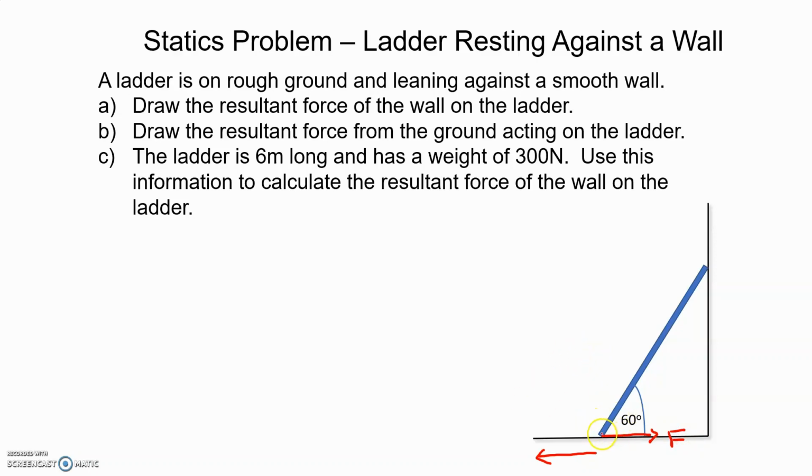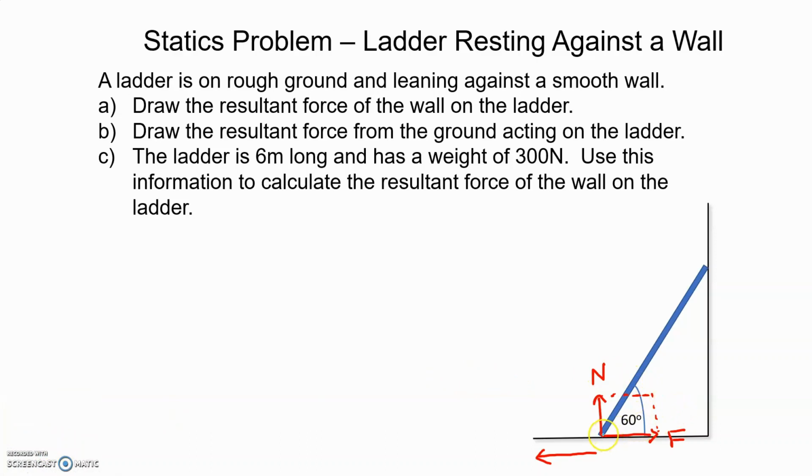Again, we've got our normal contact force between the ground and the ladder, and we'll call that N. So draw the resultant force from the ground acting on the ladder. It's just a resultant of these two forces, the normal contact force N and the frictional force F. We'll sketch that, and change colour just to make it a little bit clearer.